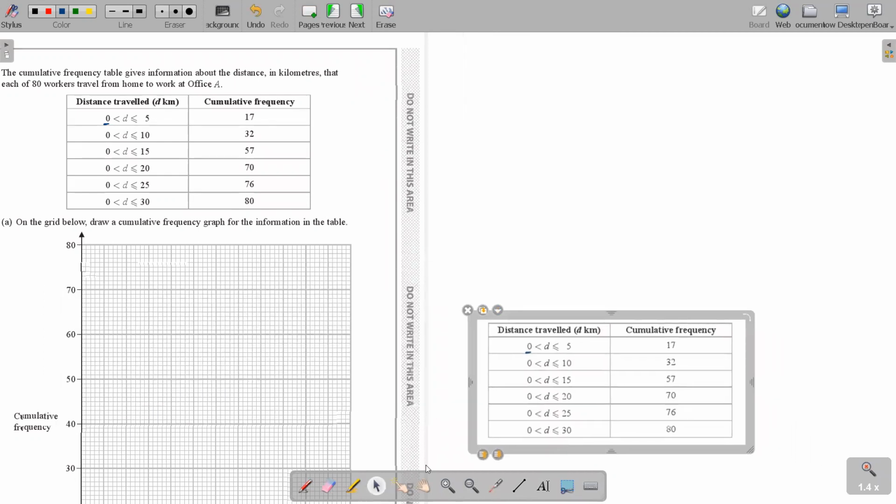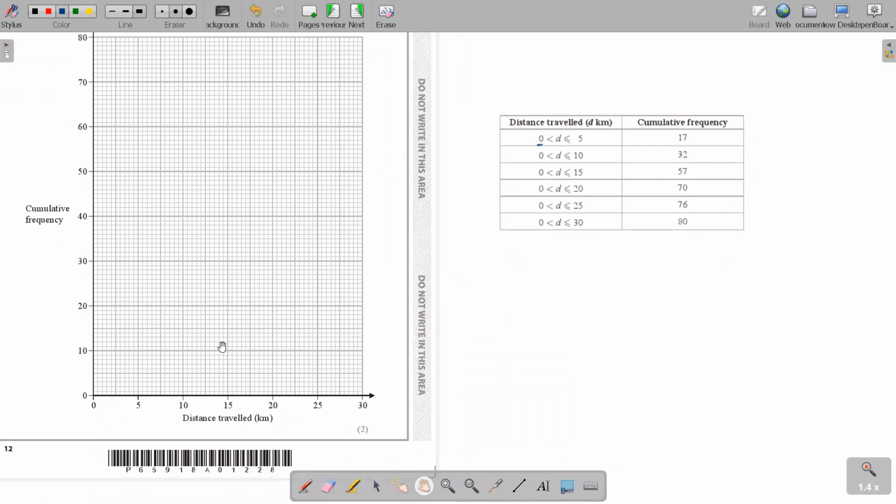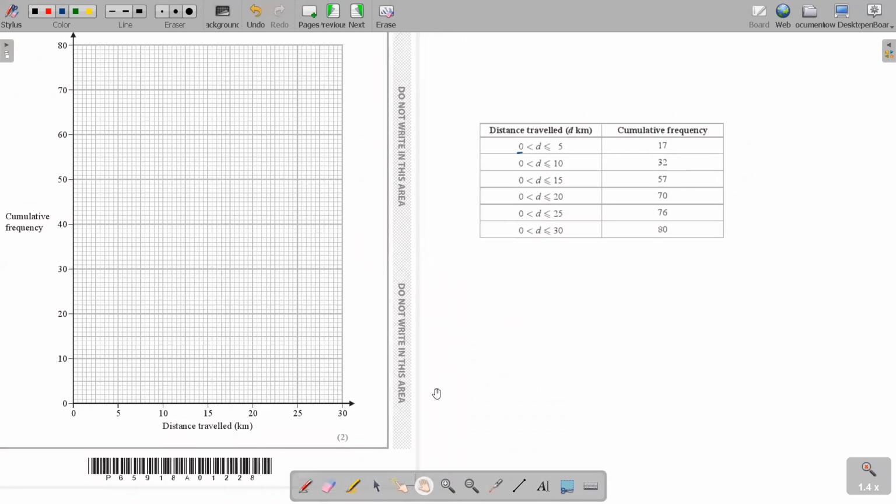Okay, so I have here at 0, it's 0. And then I have at 5, the value for the cumulative frequency is 17. So at 5, it's 17.